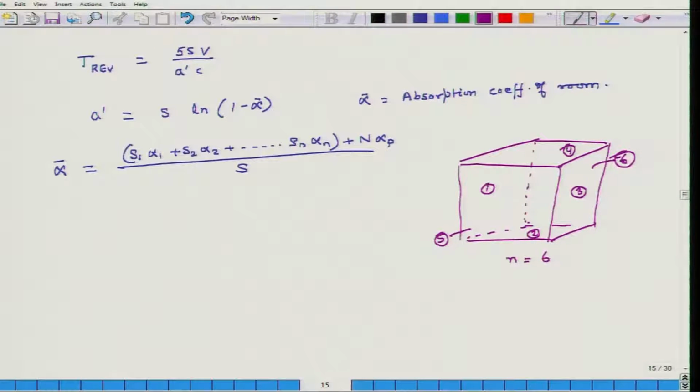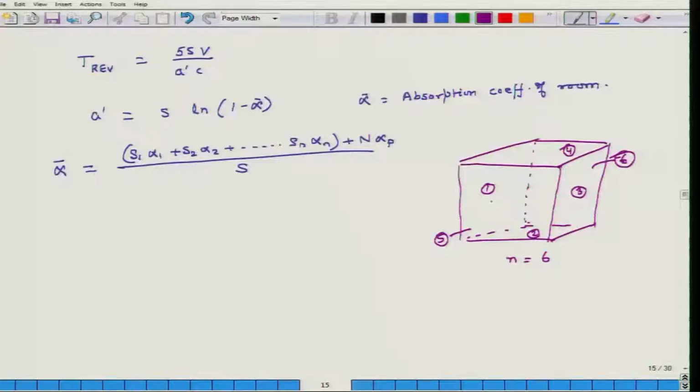Now, each surface may be made up of a different material, maybe surface 2 which is the floor, it may be made of wood. Surface 4 which is the roof, it may be made up of concrete, and then these walls may be covered with some acoustic tiles or curtain or some plastic sheet.